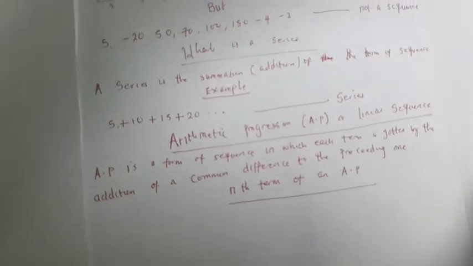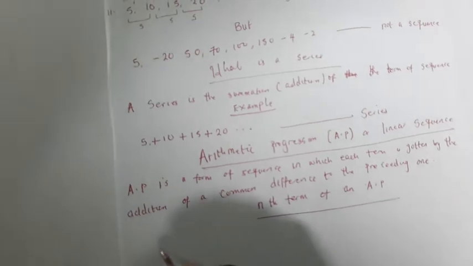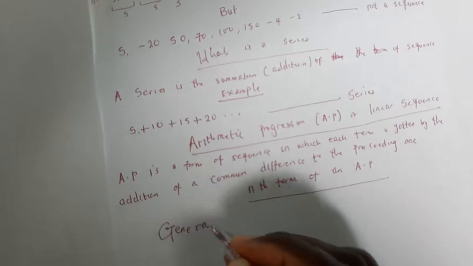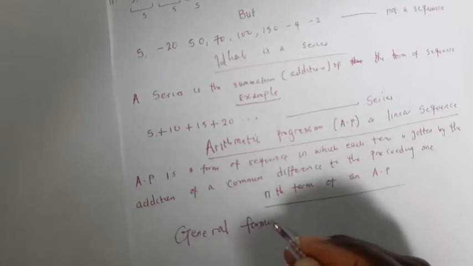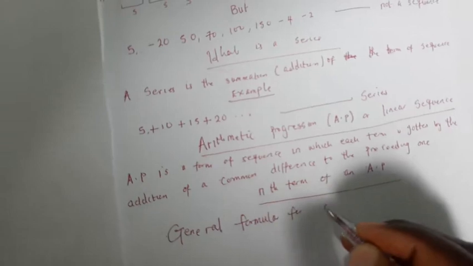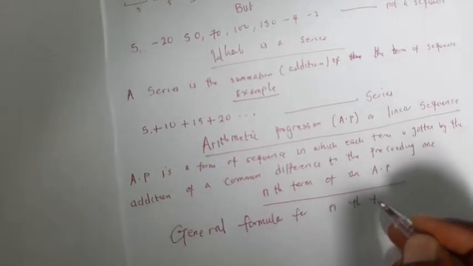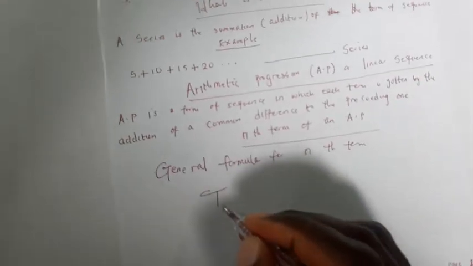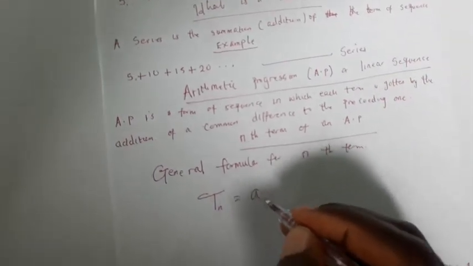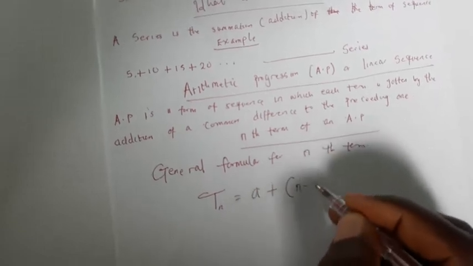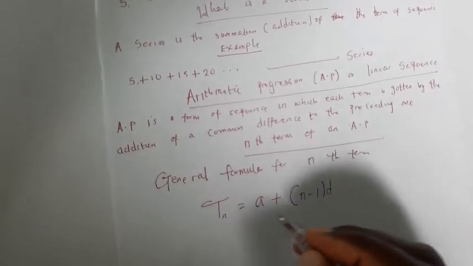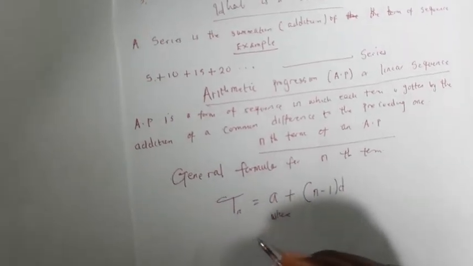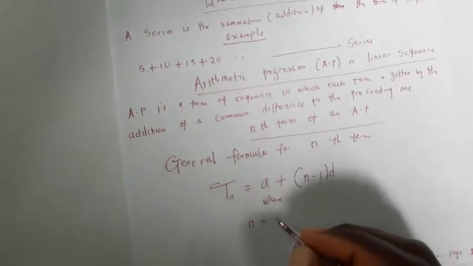The general formula for calculating the nth term is Tn equals A plus (n minus 1) D, where n equals the number of terms.